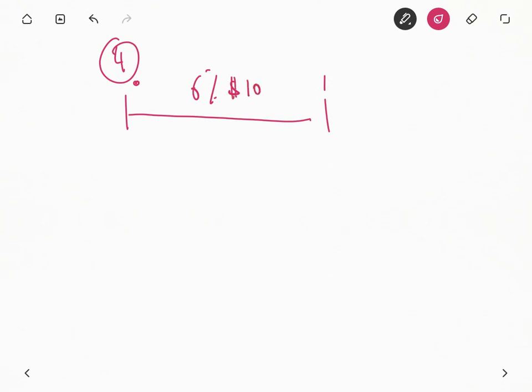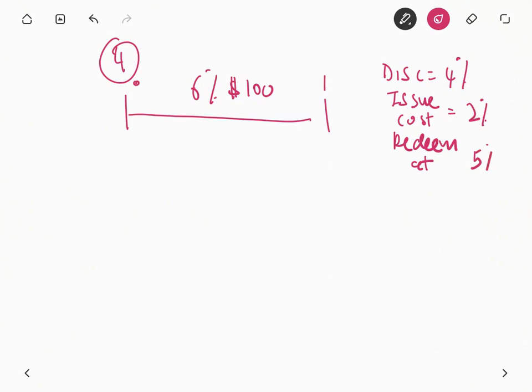Last one. Year 0, year 1, 6%, $100. Discount is 4%. Issue cost $2. Redeem at 5% premium. How much do I receive net?